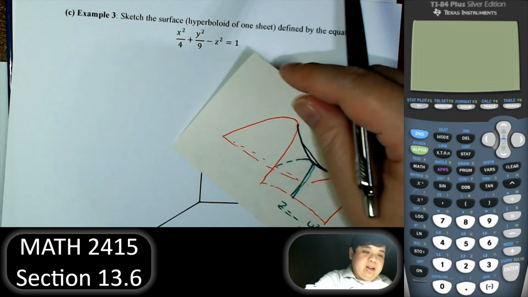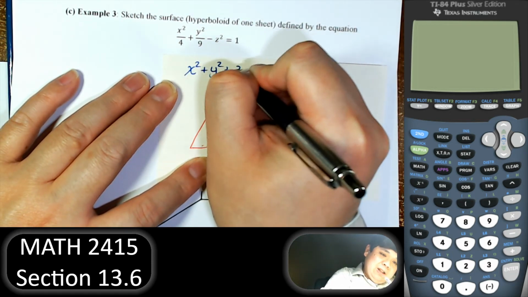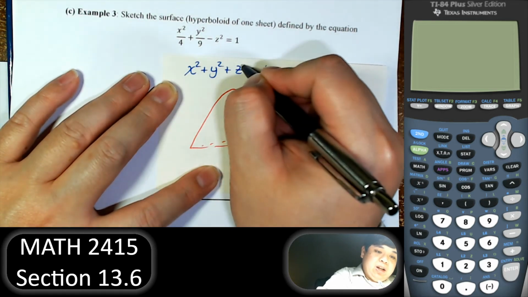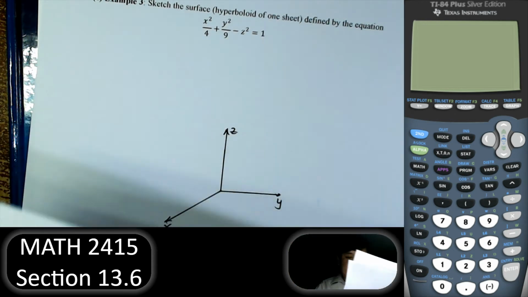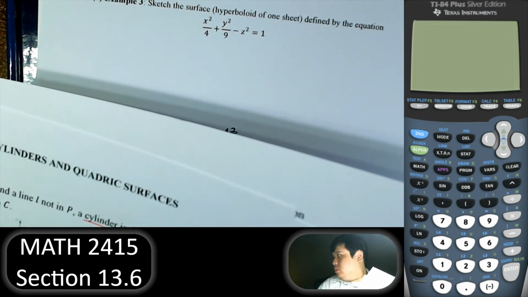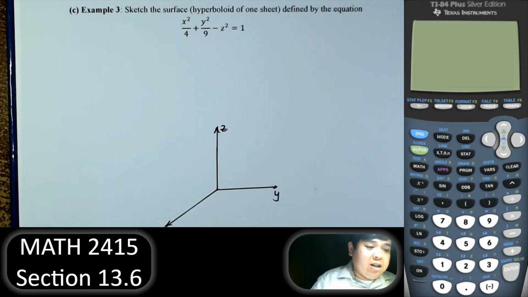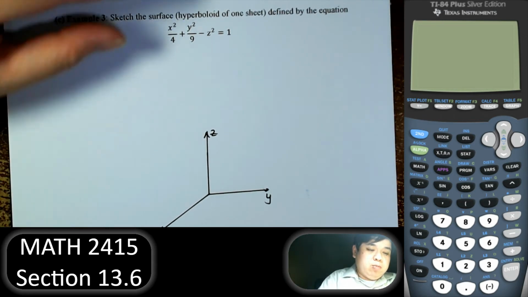So let's say if we have this, that is still a paraboloid because they're missing a square here, even though there's one. But like I said, we just have to recognize and look at different perspectives.